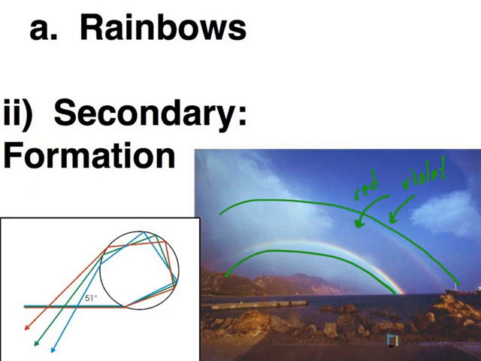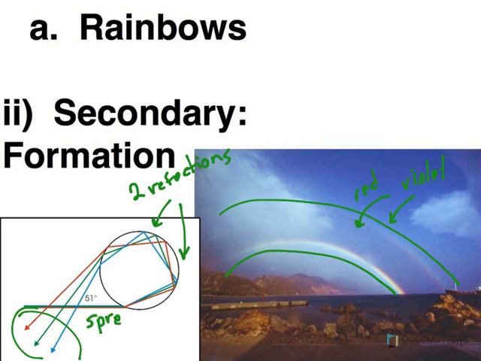And the reason is because now you've got 2 reflections instead of just 1 in your water droplet. And so that increases our angle from where the sunlight comes in to where the colors come out. They're going to be spread out more, so it's going to be fainter.